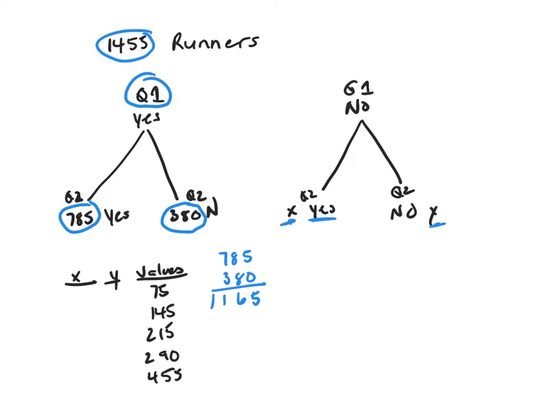Now, there's only 1455 runners. So 1165 have answered yes. If I find the difference, 1455 minus 1165, that's 290, okay? They're the ones that answered no.